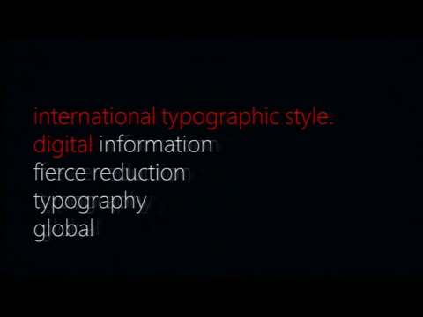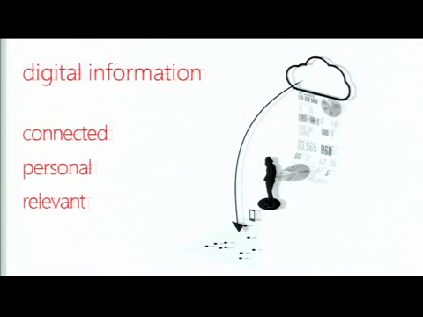And the thing that we realized, of course, changed is that information was now digital information. The other principles could totally be the same, but we now were dealing with digital information. And that is the big change that we had to go through when designing this. Now, the thing about digital information is that it is connected, it's personal, and it's relevant by definition.